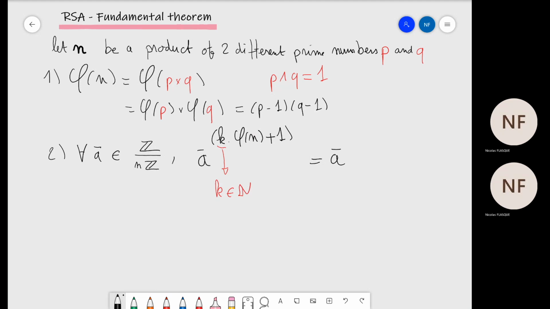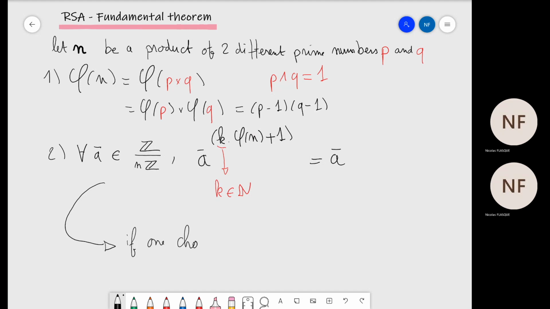In this form, the theorem is not really suited for RSA, but what we'll get from this starting point is the following thing. I'll make a quick proof just after.